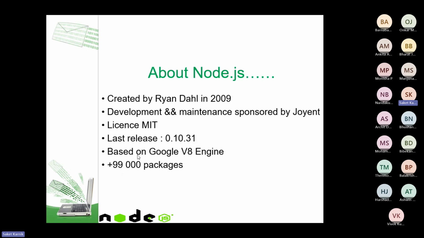Practically, if you see the current version's number of packages in the documentation, it will be probably more than 120,000 or 130,000 packages. The number of packages keeps on increasing with every release because new features continuously are being added with every release. The number of packages increasing means the number of features and library functionality increasing, making the overall Node.js very, very powerful. Understood?